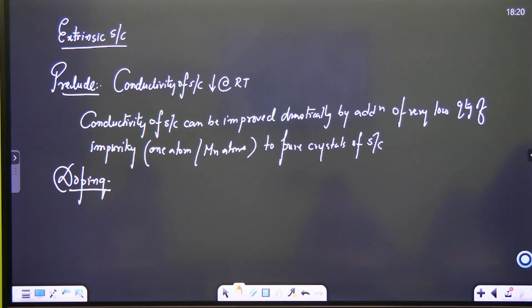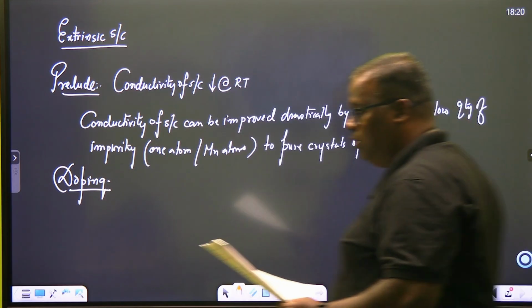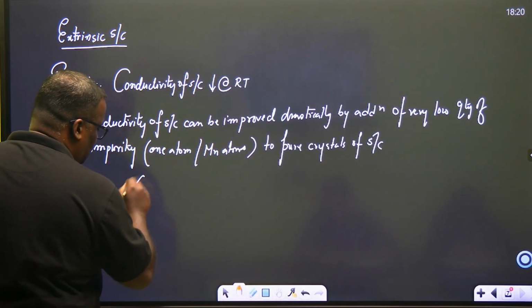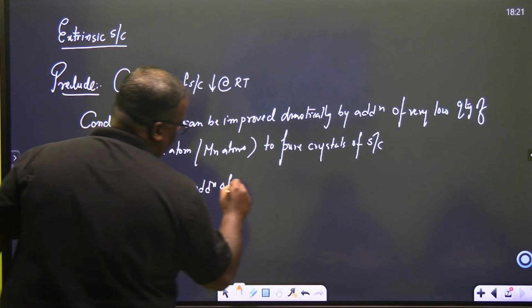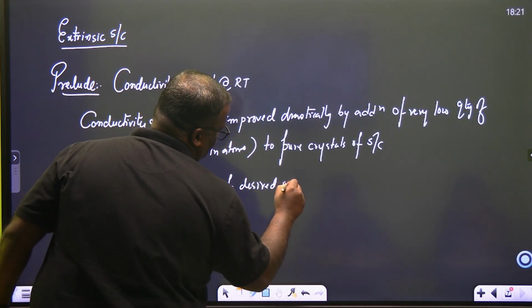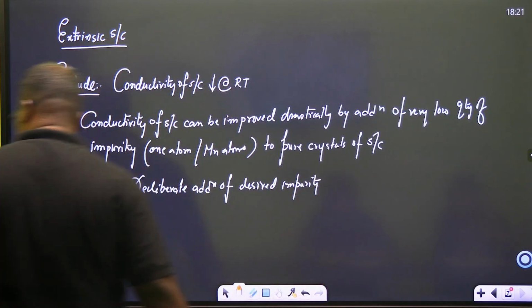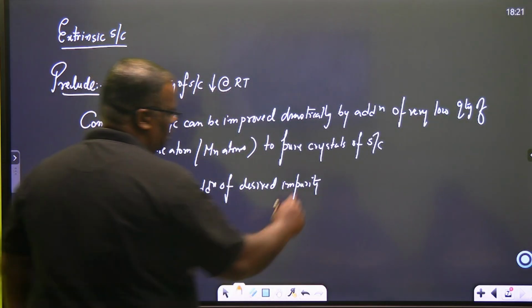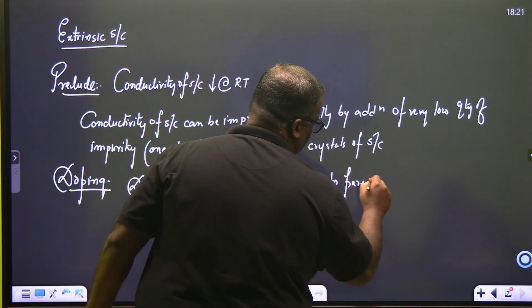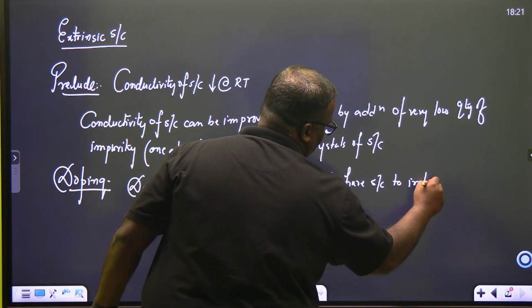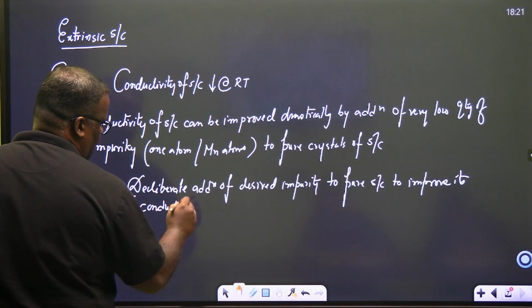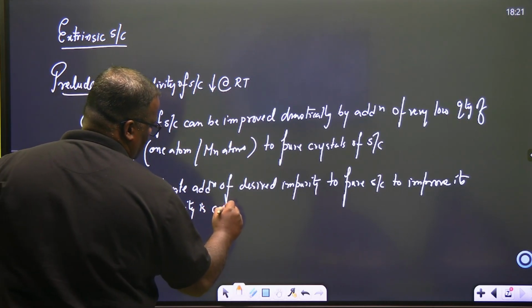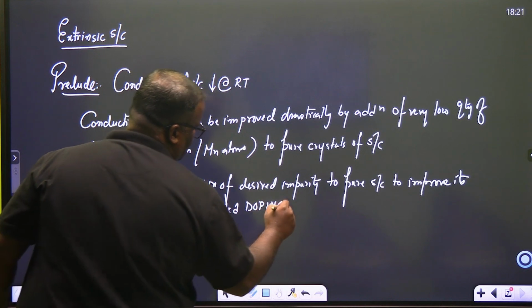The deliberate addition of desirable impurity to pure semiconductor to improve its conductivity is called doping. So it's an intentional task.